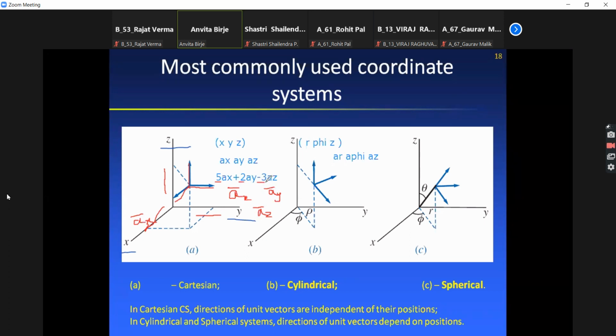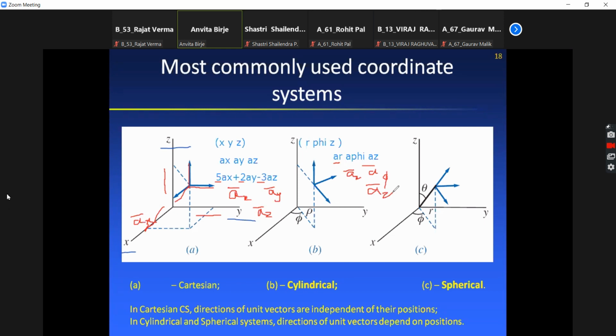So similarly, a bar r, a bar phi. अब ये भी ऐसे लिखना है. A bar r. A bar phi कैसे लिखेंगे? Like this. And third one is a bar z.